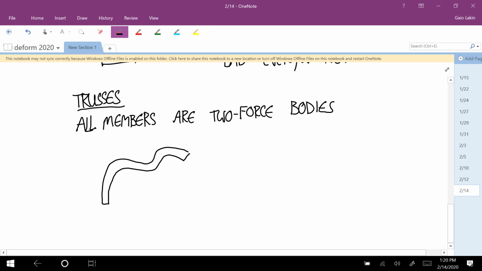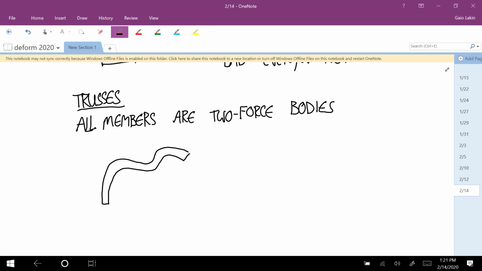Okay. If there are only two forces acting on this body, and it's still in equilibrium, well, then first of all, we know that those forces have to be equal and opposite, because otherwise it would be accelerating. And second, what if there was one force this way and an equal and opposite force that way? That won't work either because that produces a couple and that would make it rotate.